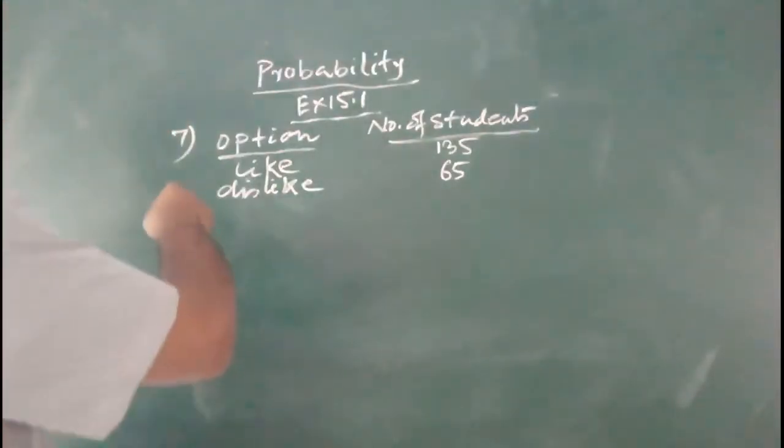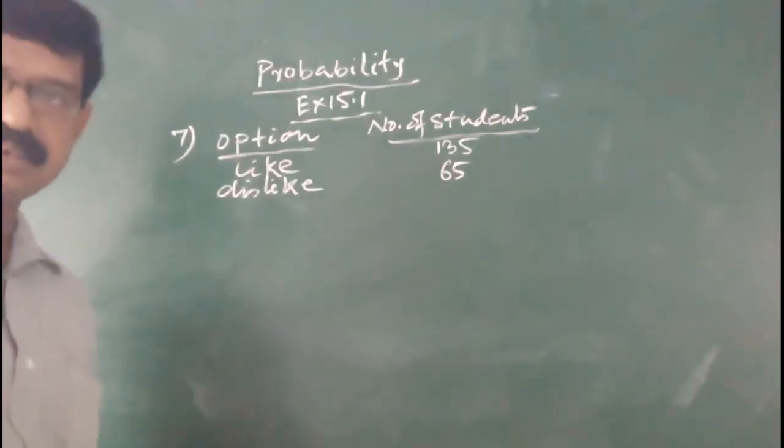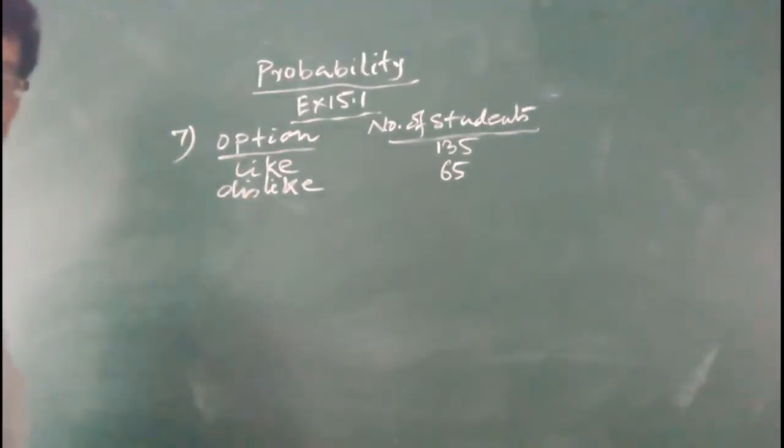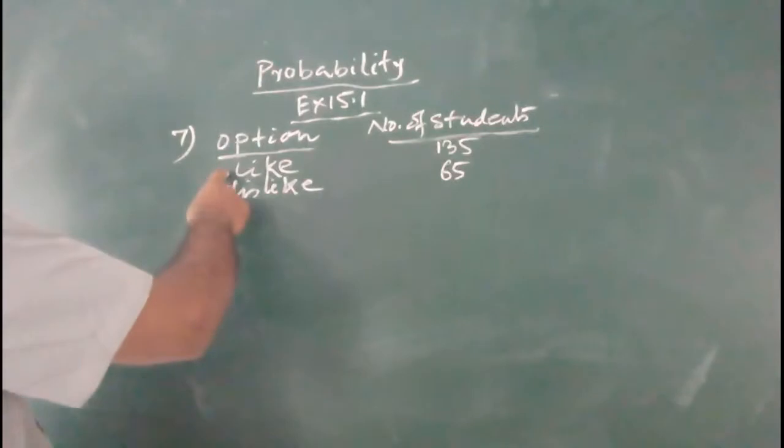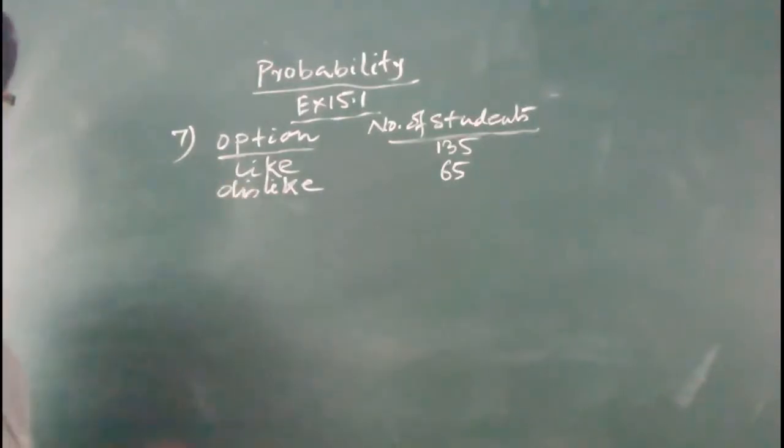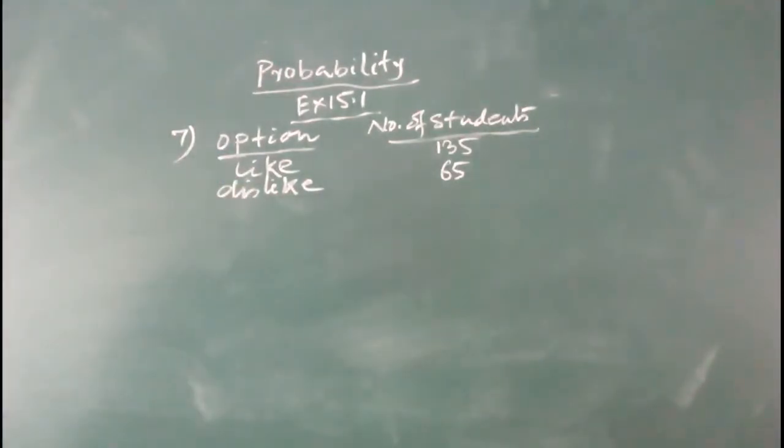Now, in sum number 7, two options are there. One is like, another is dislike. So, in this question, the students about the subject statistics, a survey of 200 students are there. The data is recorded in the following table.